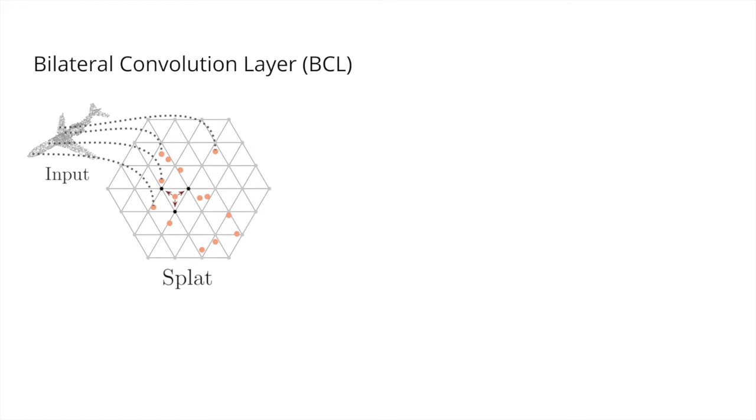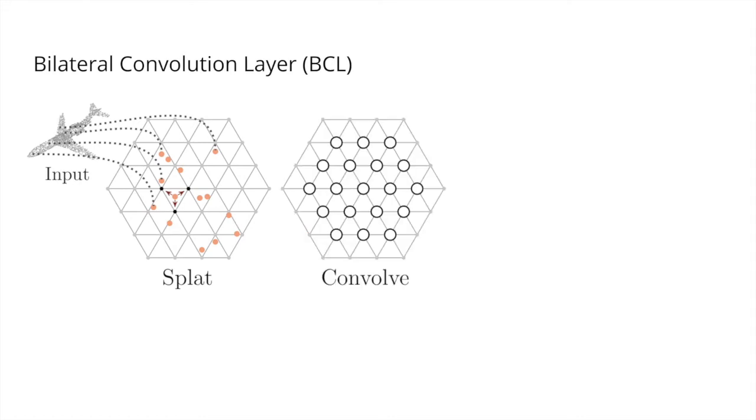For standard 3D spatial filtering of point clouds, L is given as positional features XYZ at each point. BCL has three processing steps that work as follows. In the first step, splatting, BCL projects the input features onto the grid defined by the lattice features via barycentric interpolation. Following earlier work, we use a permutohedral lattice instead of a regular Euclidean grid for efficiency purposes.